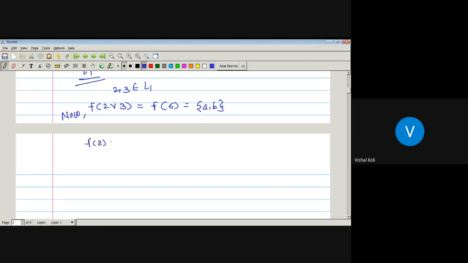Now consider f of 2 join f of 3. What is f of 2? Singleton A. And f of 3 is nothing but singleton B. What is the join of these two elements?